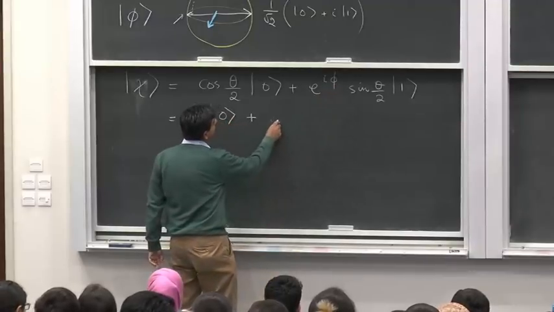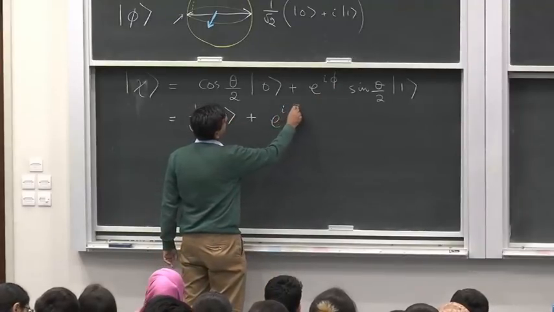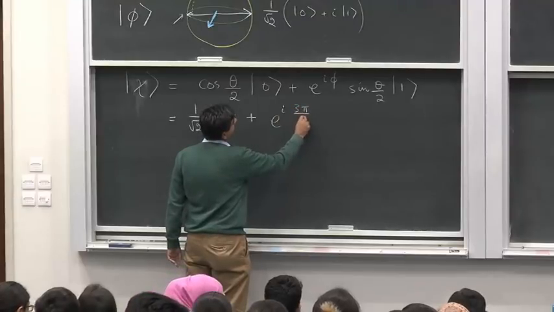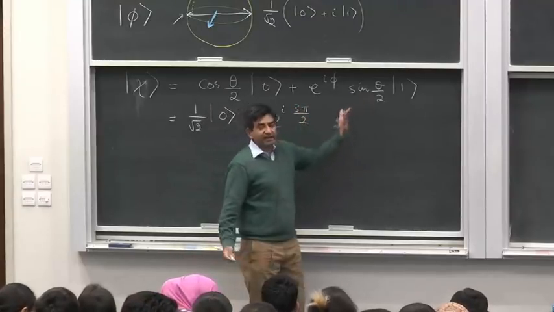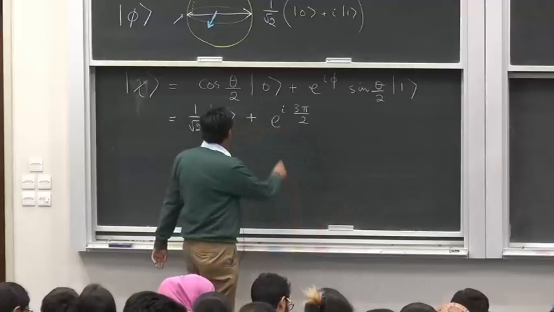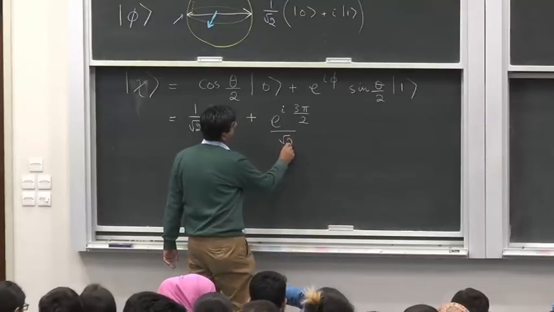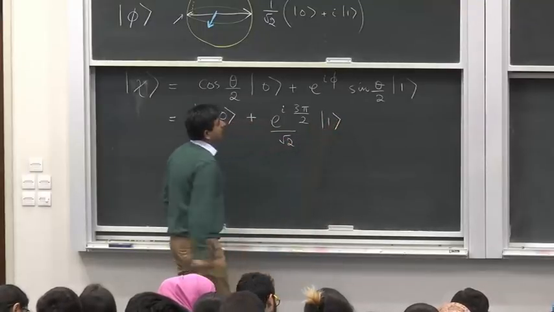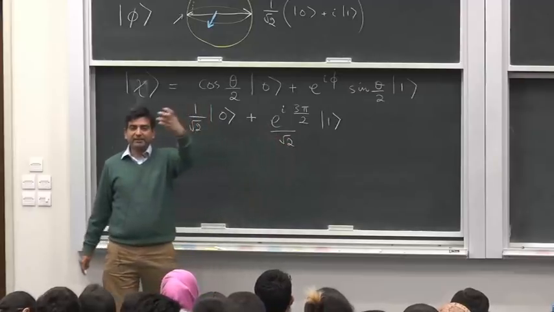Okay, so it's e^(i3π/2). And what's theta again? It's 90. So I get 1 over under root 2. Now what's e raised to i 3 pi by 2?